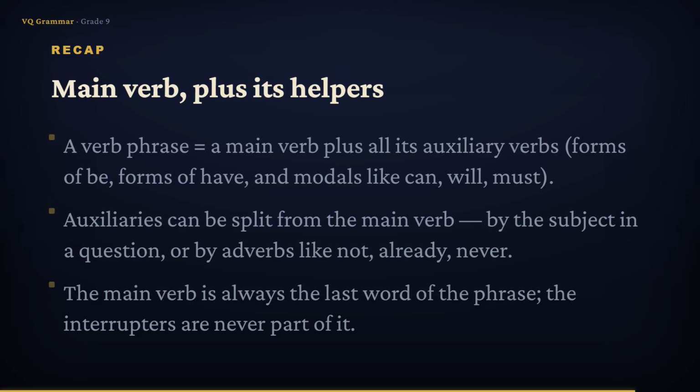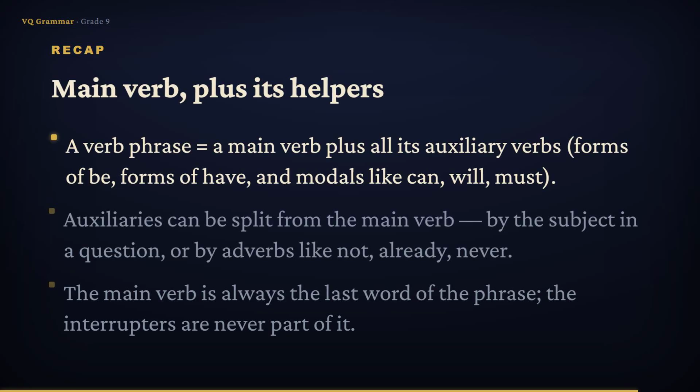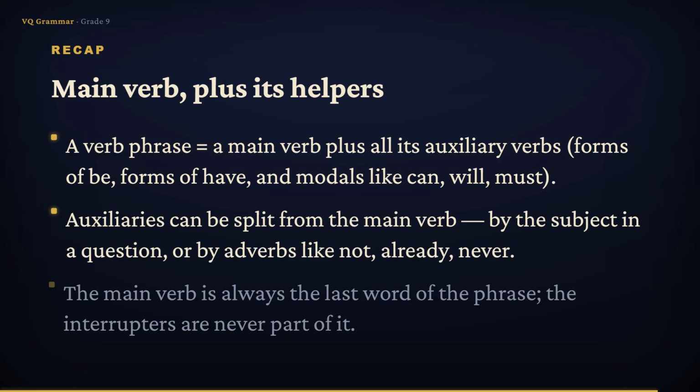Let's gather up what we've learned. First, a verb phrase is a main verb plus all of its auxiliary verbs. And the most common auxiliaries are the forms of be and the forms of have, along with modals like can, will, and must. Second, those auxiliaries don't have to sit right next to the main verb.